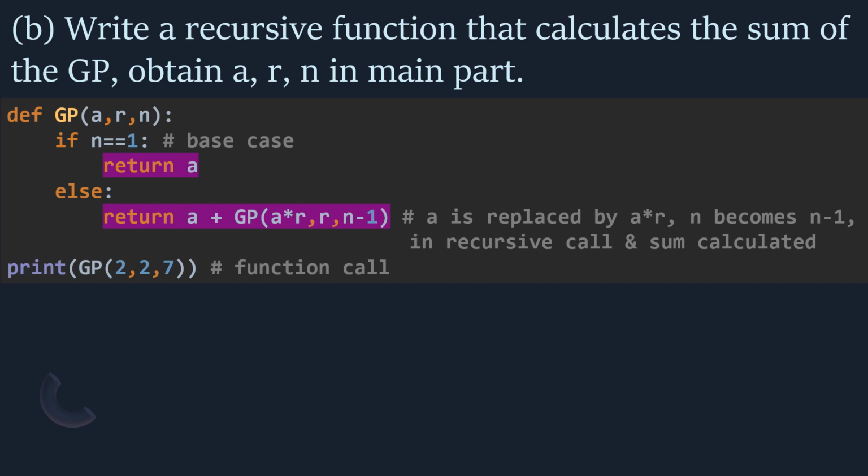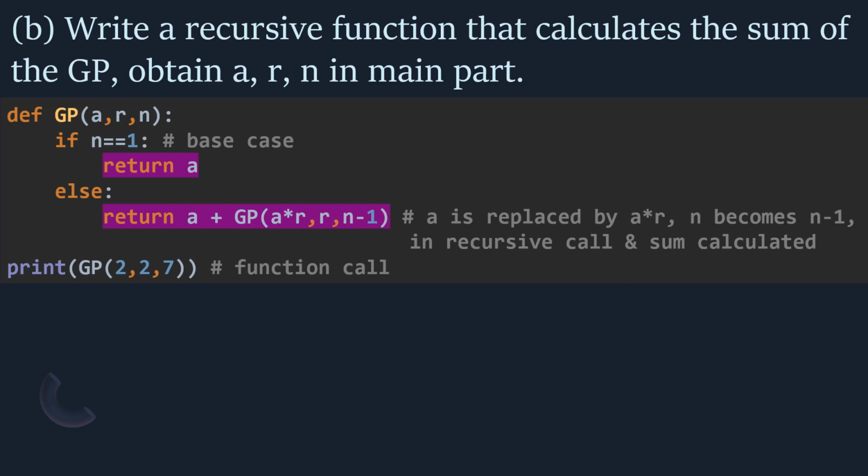So it will add whatever value this function returns with the value A. That means the first term will be added with the recursive call of the same function. Each time you call this function, it will again return A plus GP of A into R, R, N minus 1. This will continue until your N becomes 1.